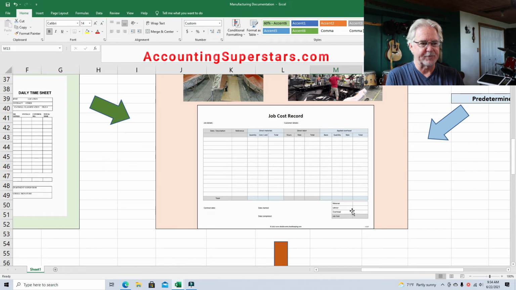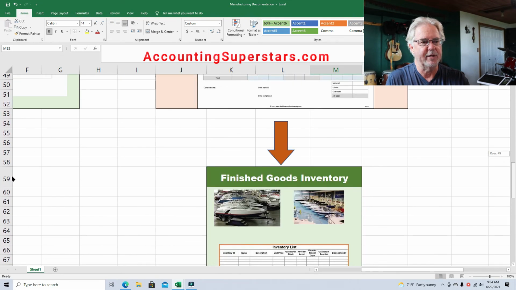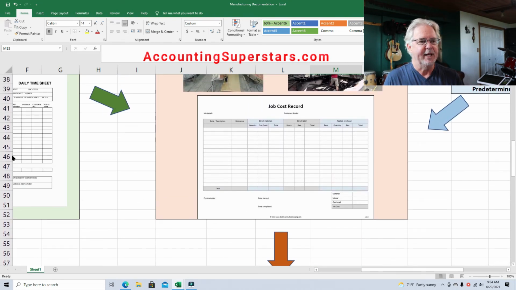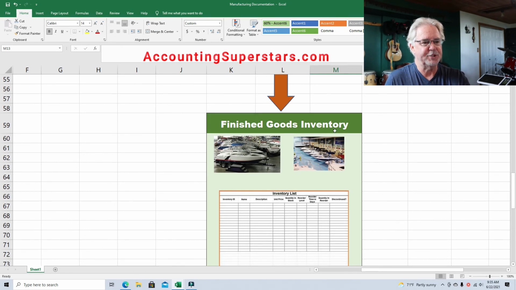And what'll happen is this job cost record will, in a sense, be transferred down to finished goods inventory. And when I say transfer down to, I use that term rather loosely, is that the information from the job cost record is taken out of work in process. So this job cost record is taken out of work in process because it's not in process anymore. And what'll happen is the amount of money and the information about the boat in this case will be entered into the finished goods inventory.